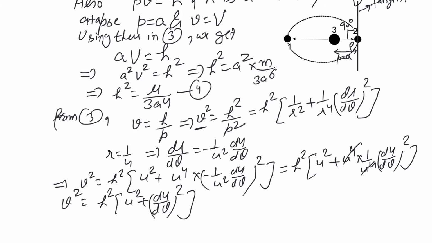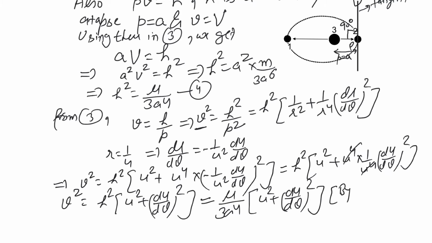Okay, and h square we have determined from equation number 4, so v square is mu by 3 a^4 (u square plus (du/d theta) whole square). So I am going to name this equation as equation number 5.